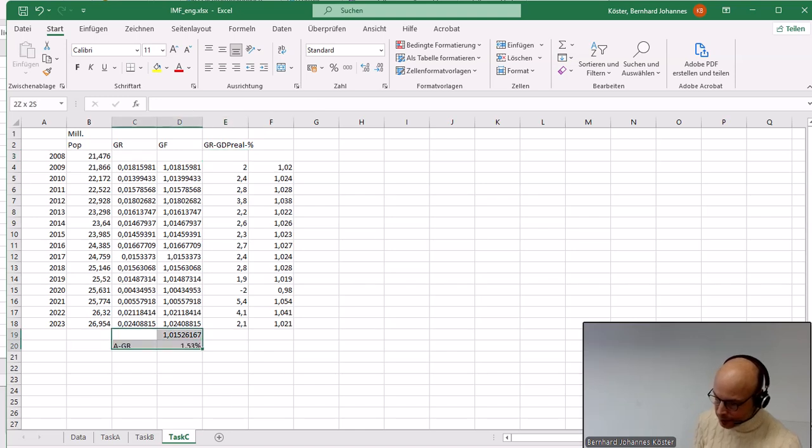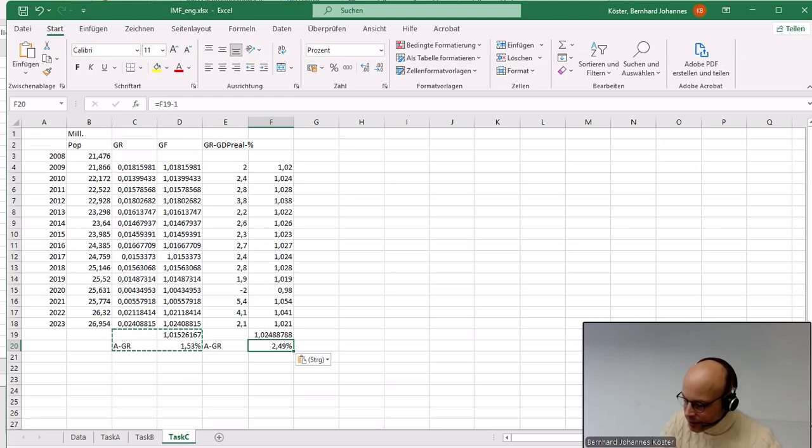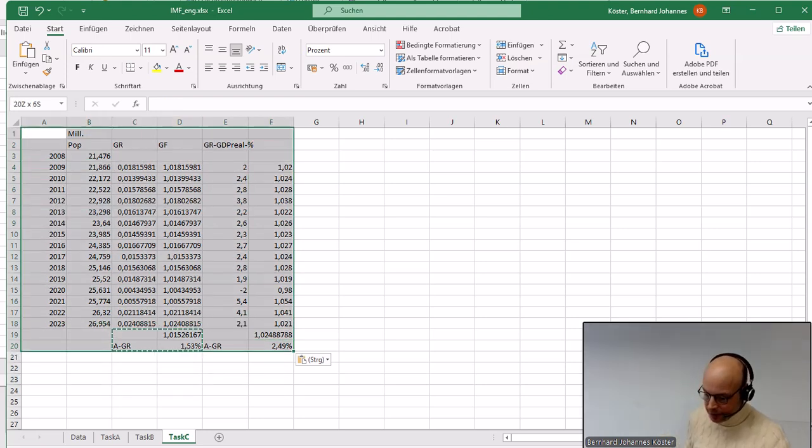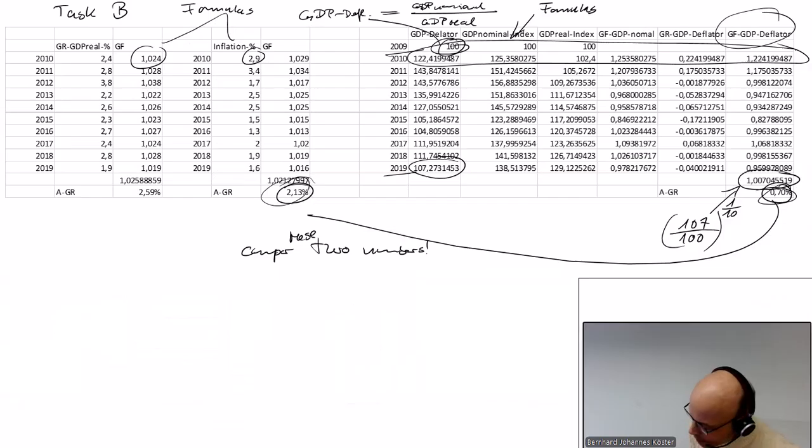And since it is formatted in the same way, I can do it like this. And then I have roughly 2.5% average growth over this period. And this I should shortly interpret. Let's put it here.